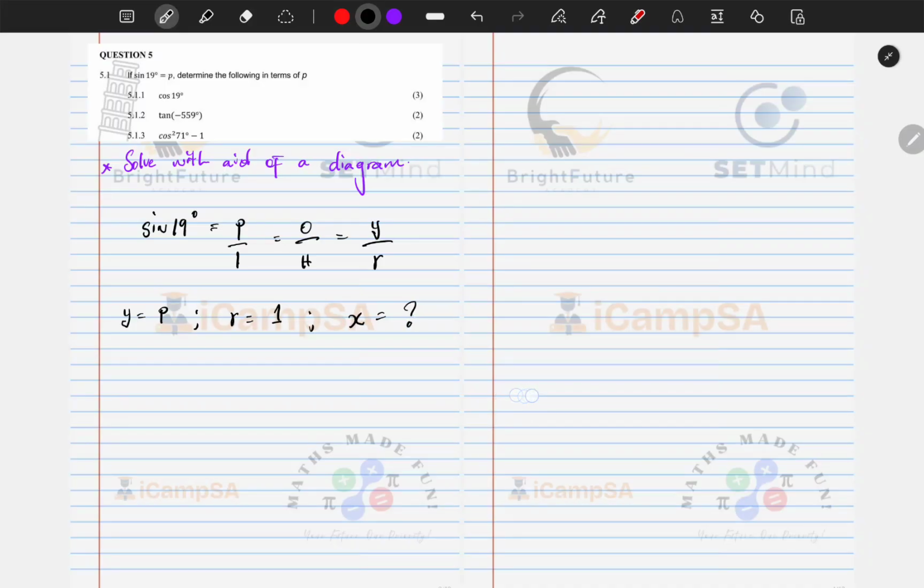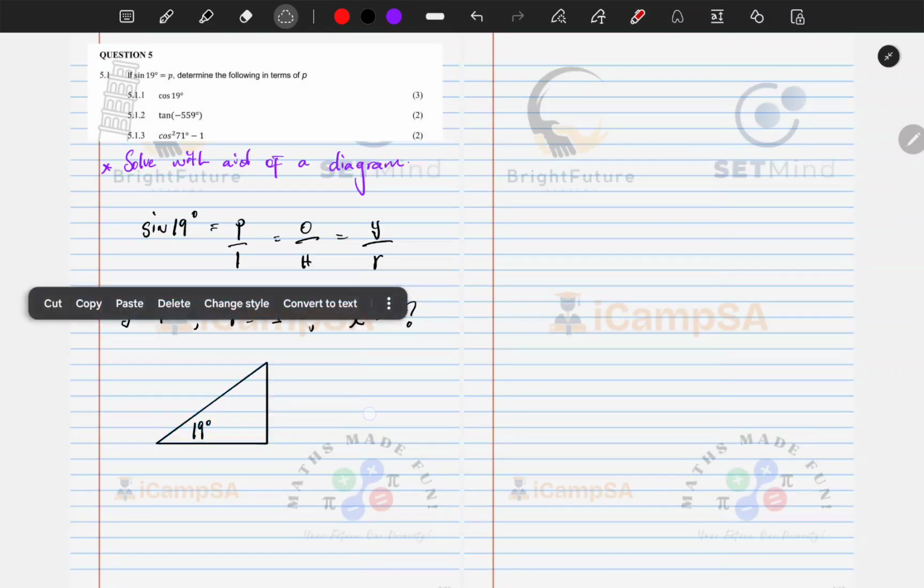So what we are going to do here is draw a simple small triangle. It's going to be 19 degrees here. Let's just take the triangle a little bit down.